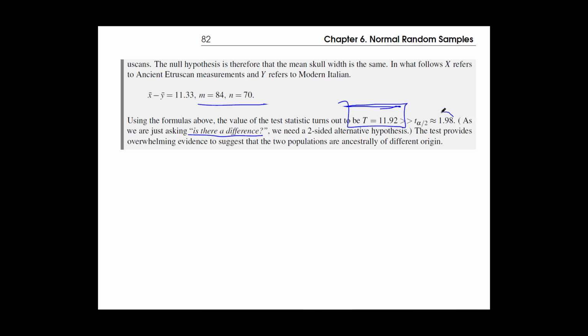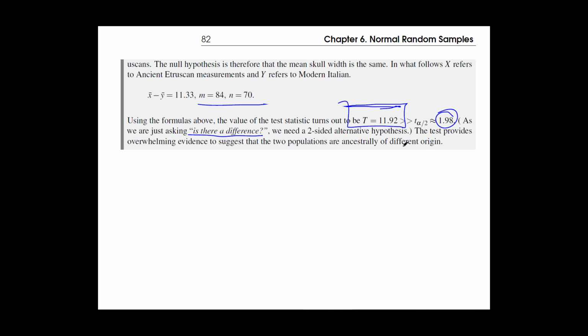So yeah, this should be very close to the 1.96 value for the normal. Anyway, so it's a lot greater than that. So we are clearly in the rejection region. So we reject H naught, that they're the same. So there is a difference, significant difference.